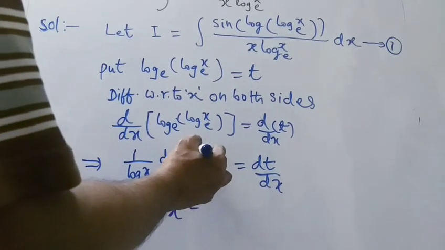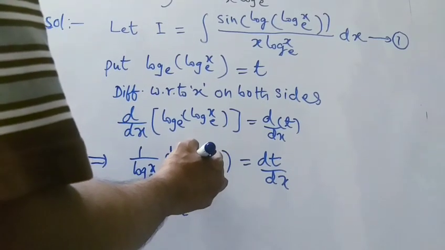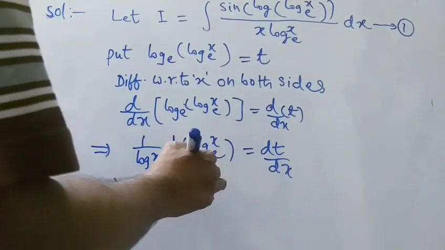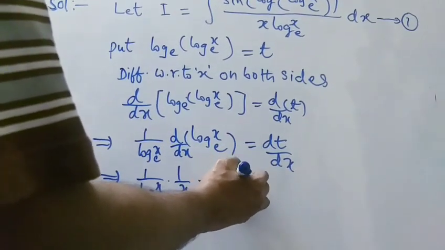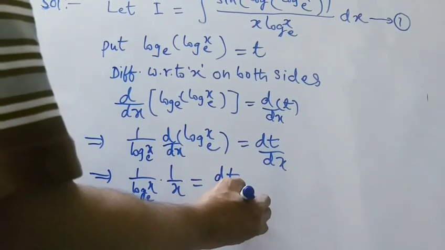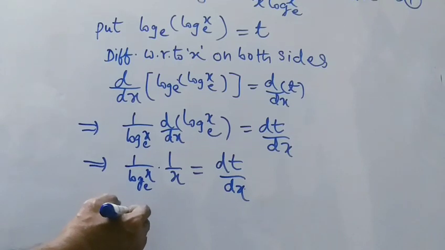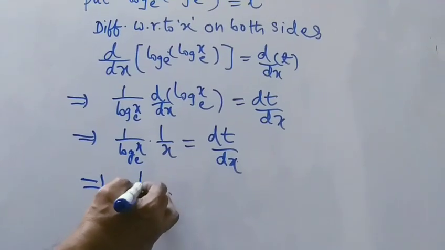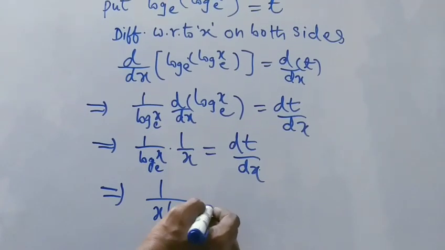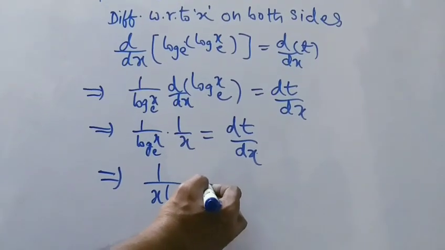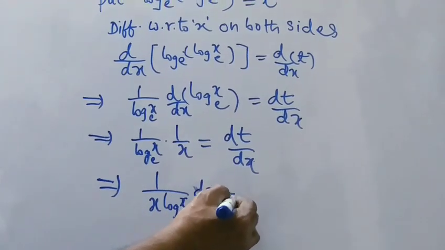And the internal term x, differentiation of x with respect to x is 1. So 1 into 1 by x, that means 1 by x into log x to the base e is equal to dt by dx.